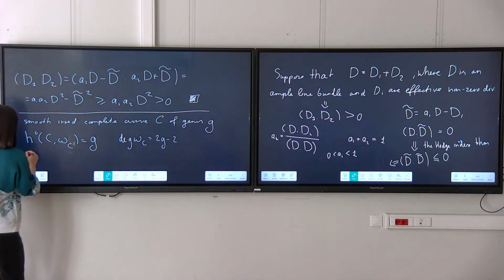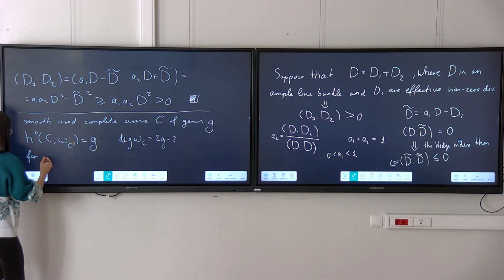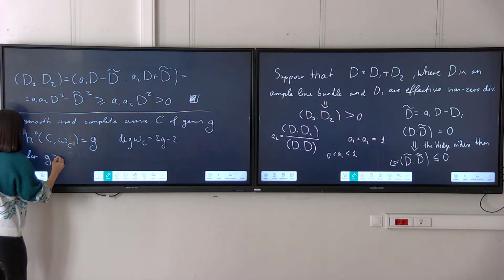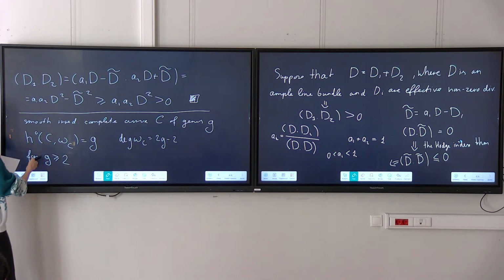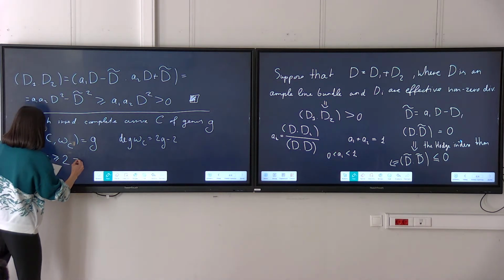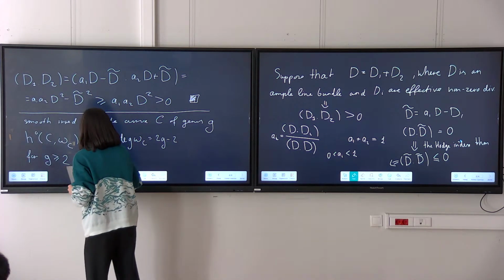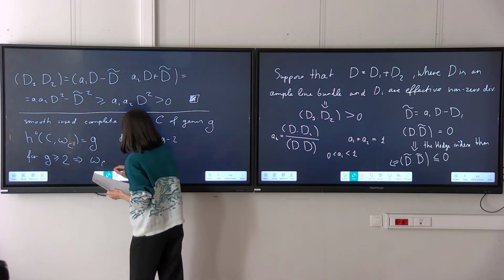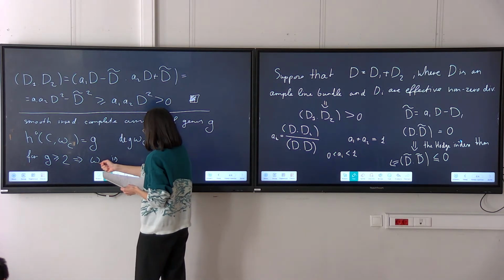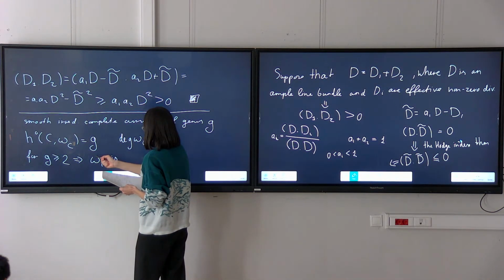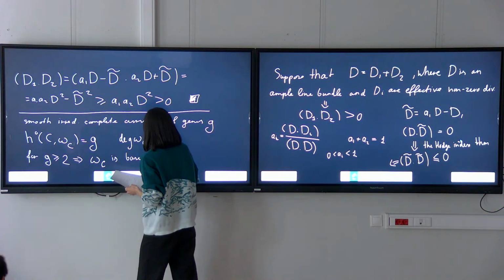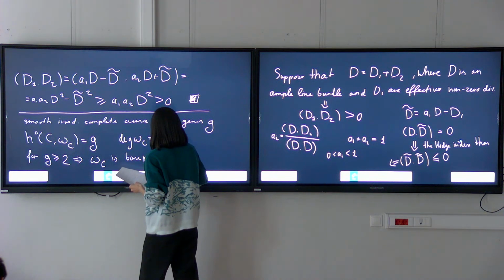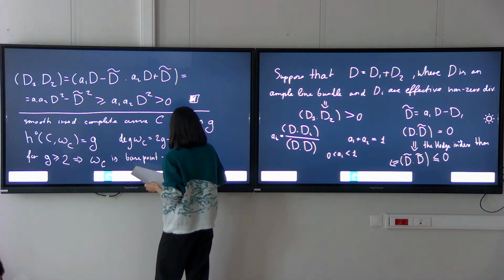And in fact, for genus greater or equal to 2, the linear system that is given by the canonical class is base point free.